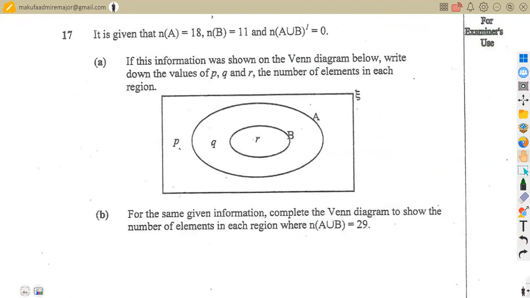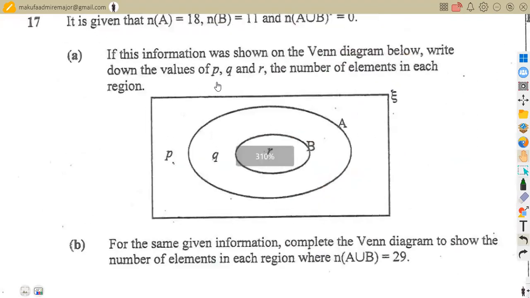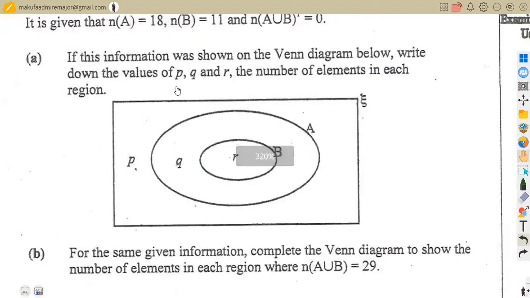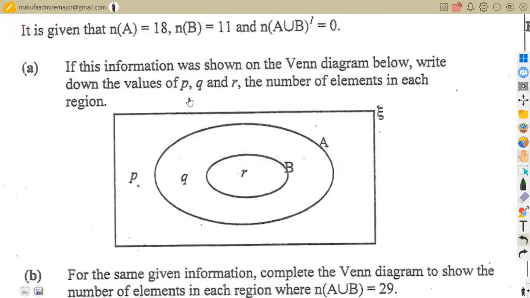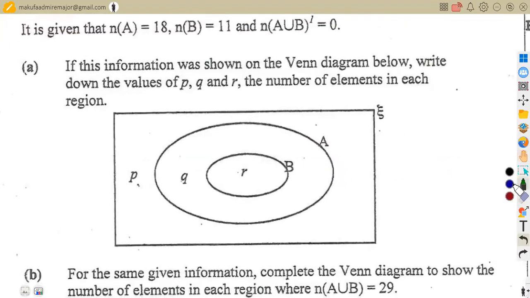On number 17, it is given that the number of elements in set A is equivalent to 18. This one shows that we have got a subset B, which is a subset of A. It's found in A. So we are given the number of elements in A, the number of elements in B, and the number of elements in A union B. What does it mean?